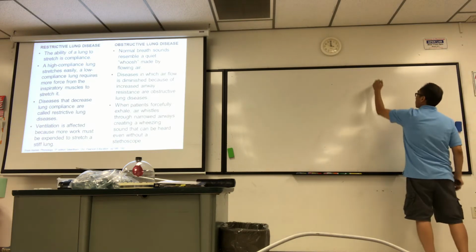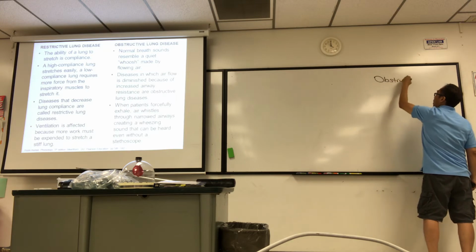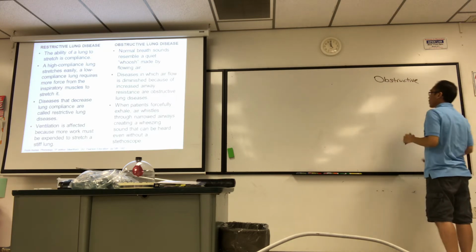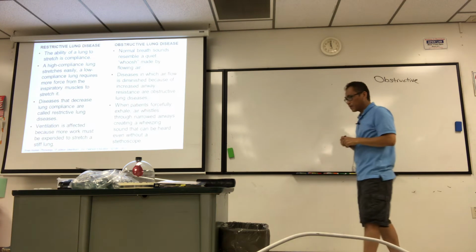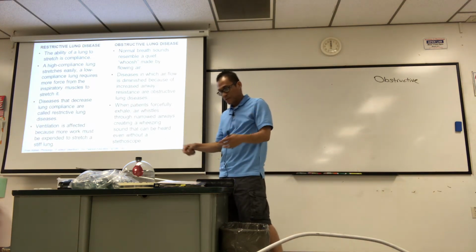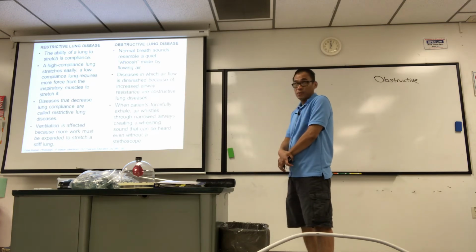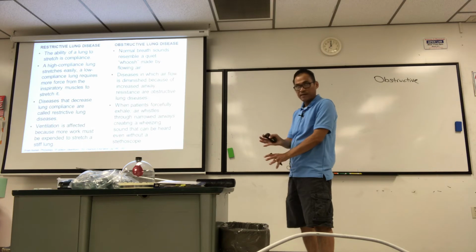I'll just put obstructive here. For your lab tomorrow, if you've looked at it, I asked each group to have 2 subjects, 1 normal, 1 COPD. Of course, just any 2 people in your group who want to do it, fine.